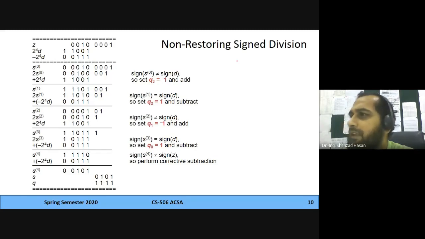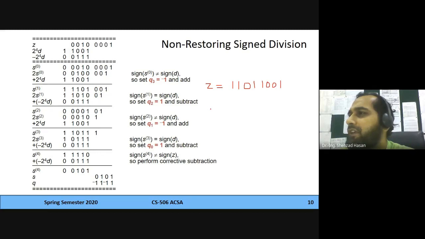Okay, so let's have a value of dividend as, I'm just thinking myself, 1 1 0 1 1 0 0 1.